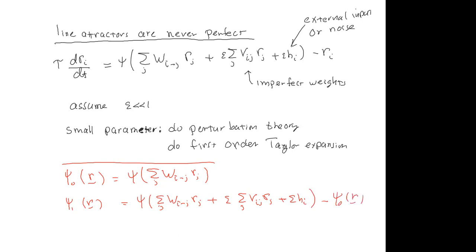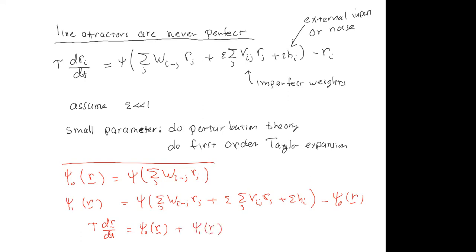And what this means is tau dr_i dt equals psi 0 of, well, I'm going to actually write it as vectors. So in vector notation, we can write tau dr dt equals psi 0 of r plus psi 1 of r.